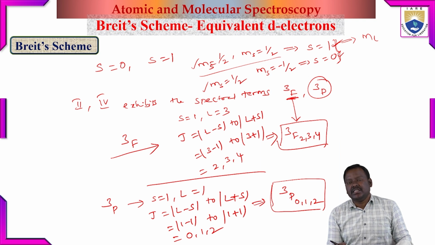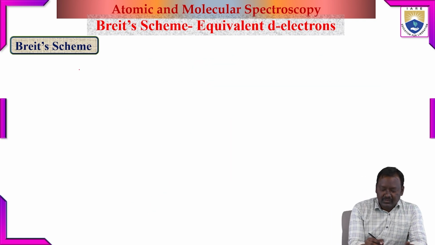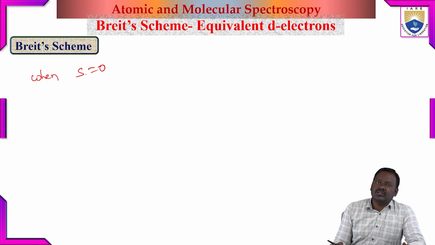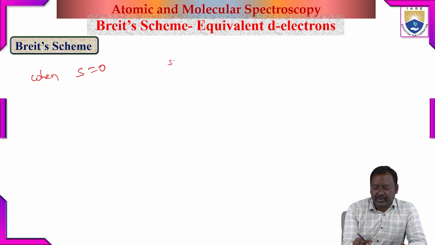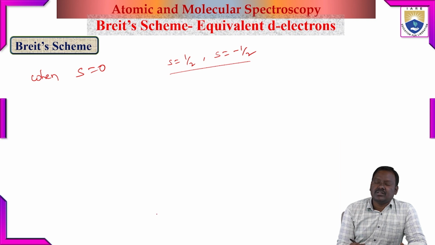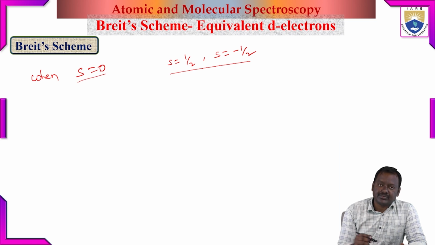And when S equal to 0, that means of the two electrons, one is 1 by 2 and the other is minus 1 by 2. This type of combination is only possible for obtaining the total spin quantum number S equal to 0.